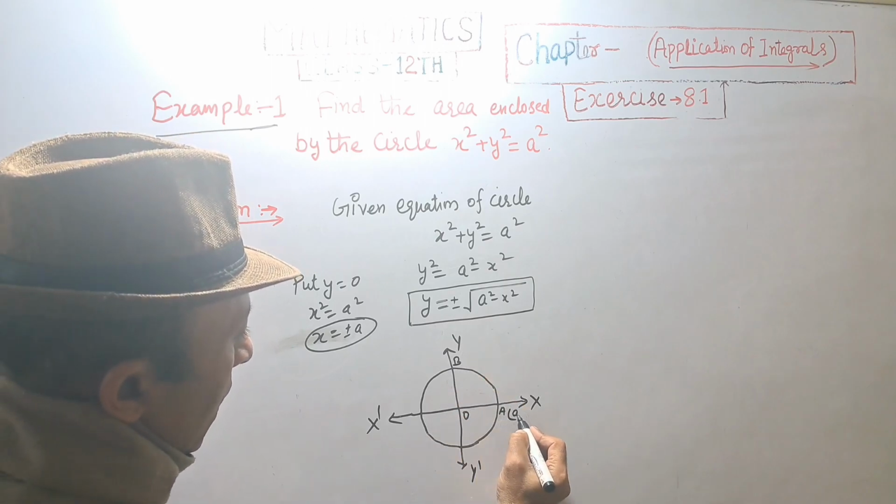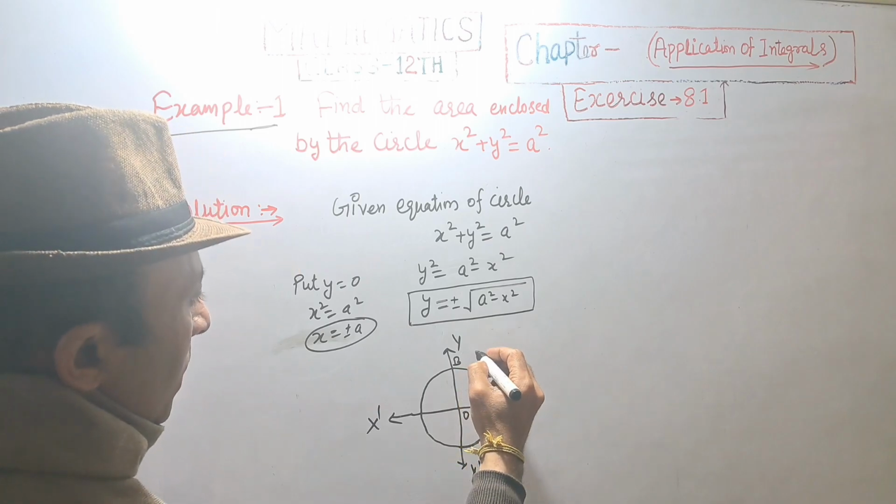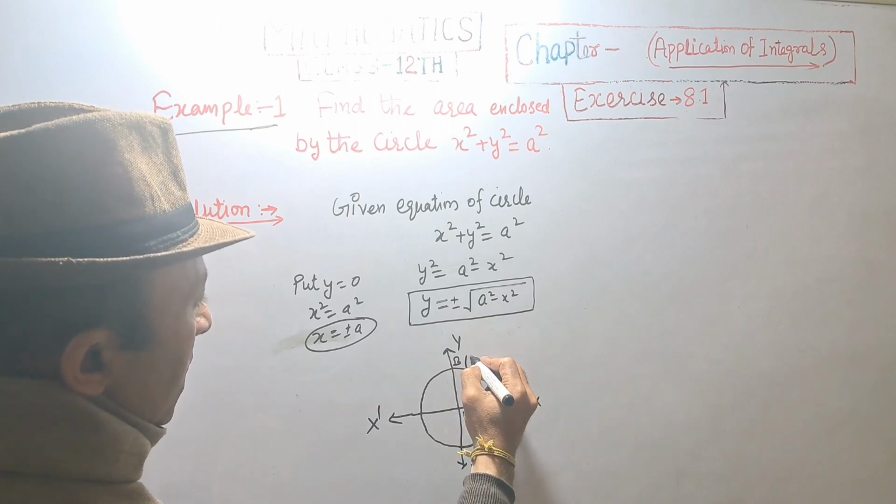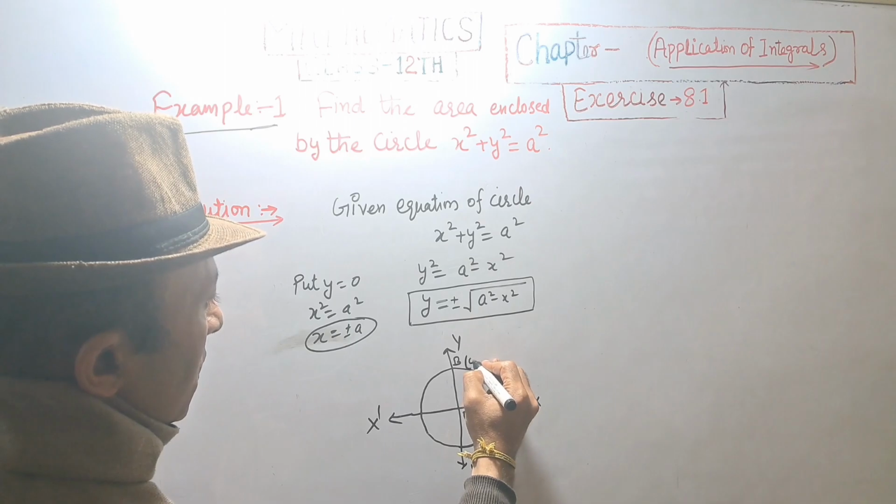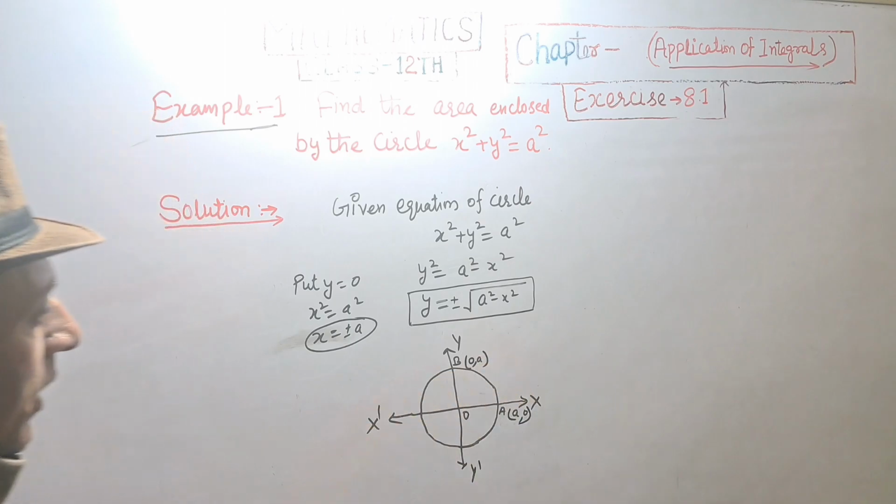X is a, y is 0, and this will be 0 and a.